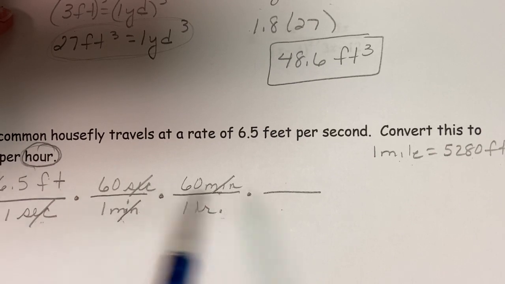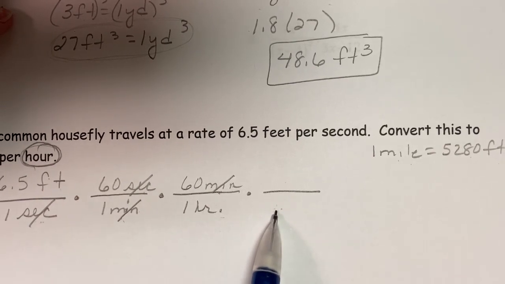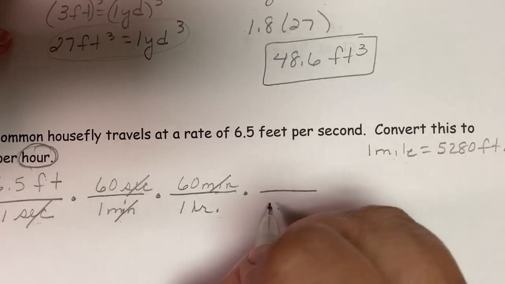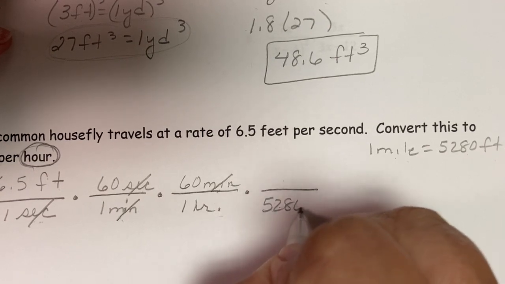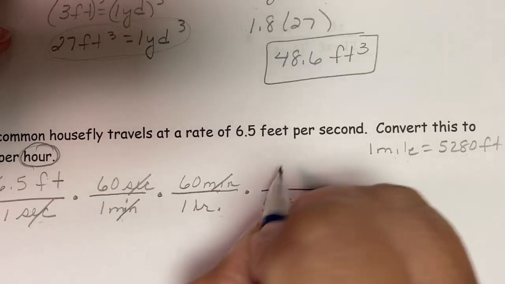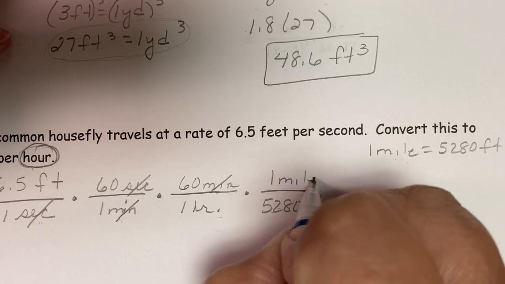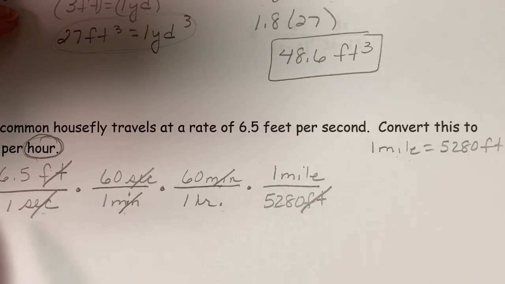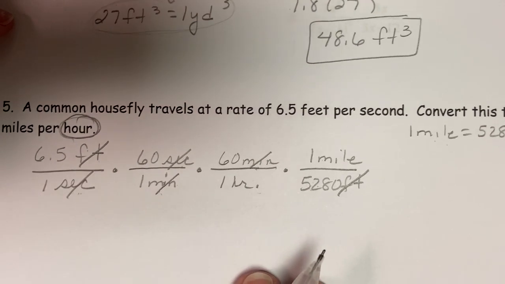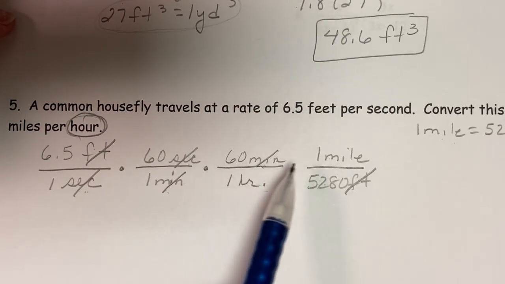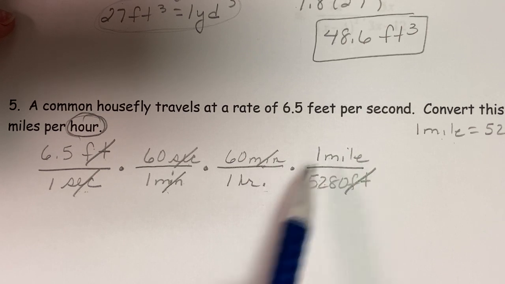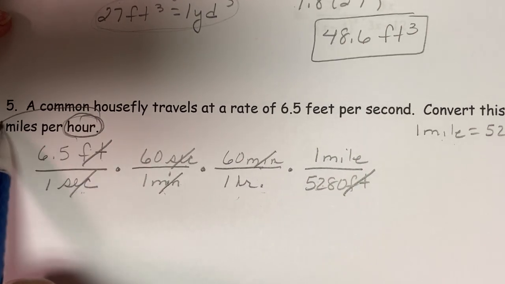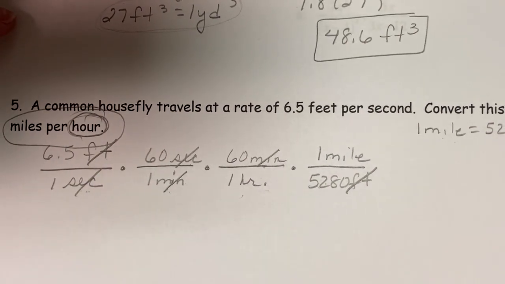This feet is on the top, which means I need the feet on the bottom here. So I'm going to put the 5,280 feet on the bottom and 1 mile on the top. So now this feet will cancel with this feet. So if I just look at my units, let's see what I have left. I have left simply miles per hour, which is exactly what I wanted to convert it to.